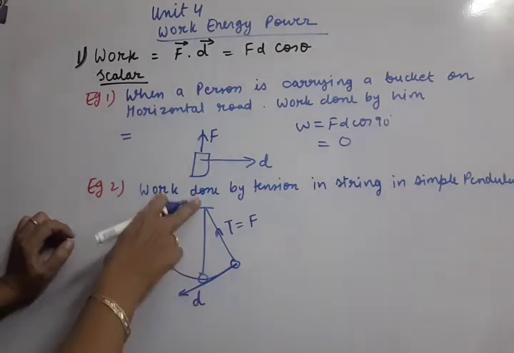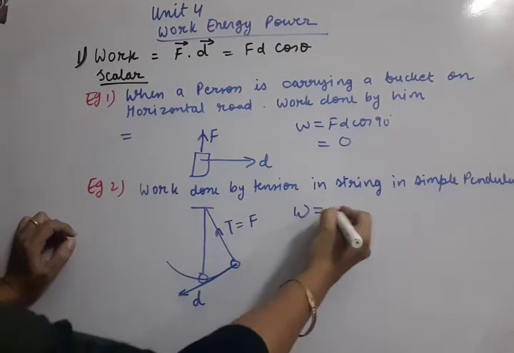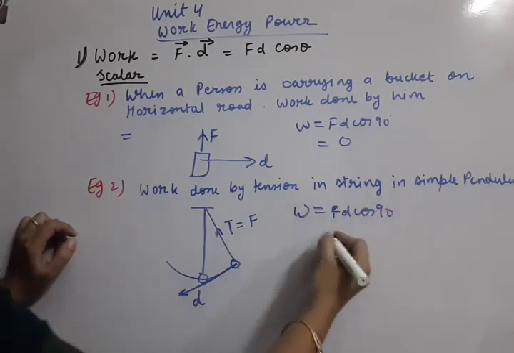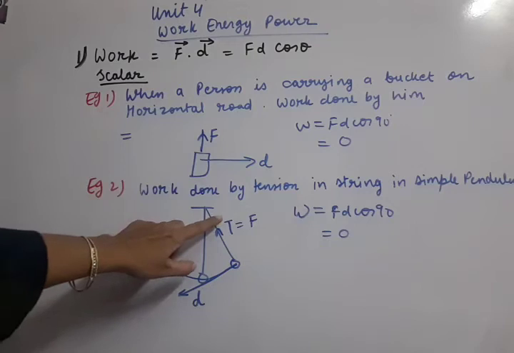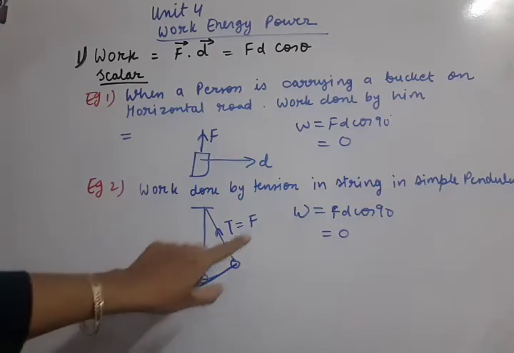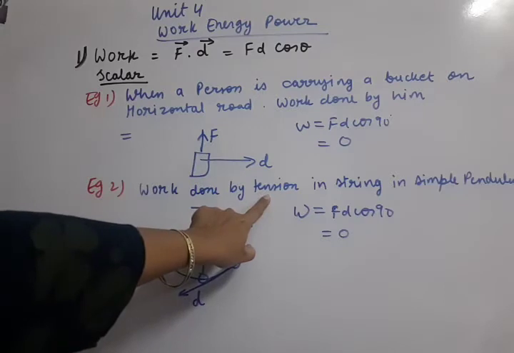Because tension and displacement are again at 90 degrees, the work done is again FD cos 90, which means 0. So work done depends upon the angle between force and displacement, and which force we are talking about. The force name will be given in the situation.